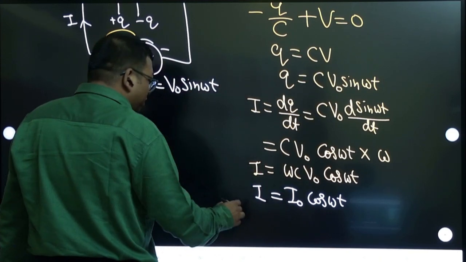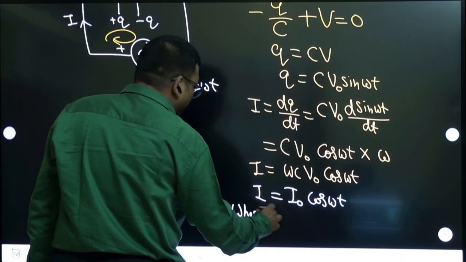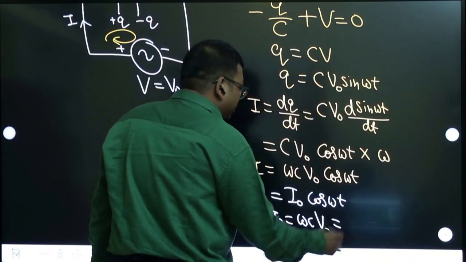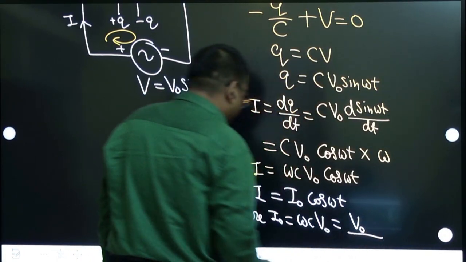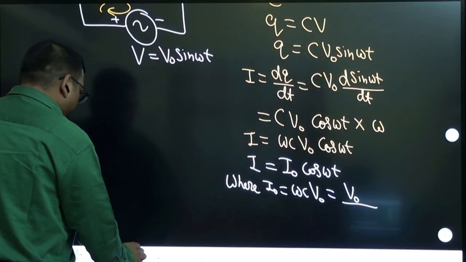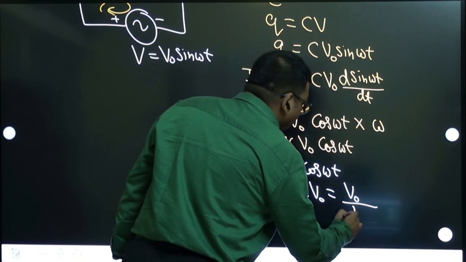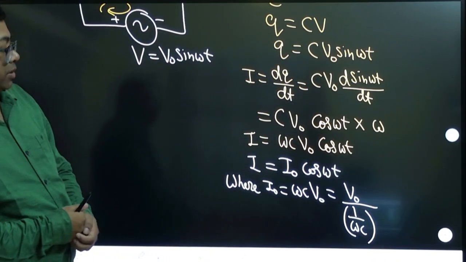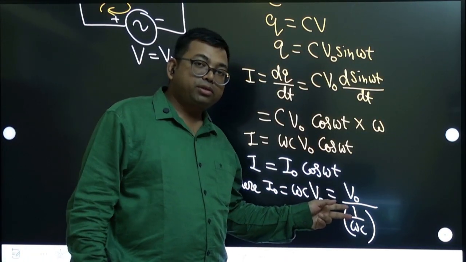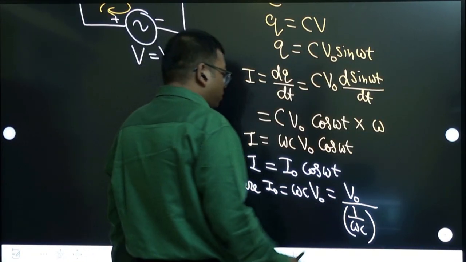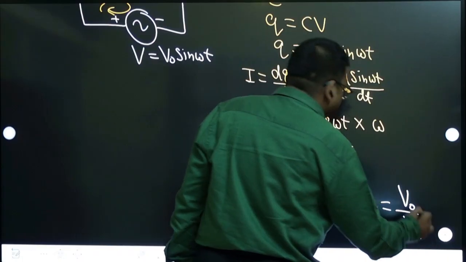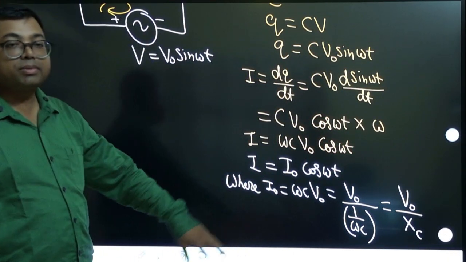Now what is I naught here? I naught is equal to omega C V naught, and this can be written as V naught divided by 1 by omega C, correct? Because this omega C comes in the numerator. This term 1 by omega C is called XC, just like resistance, voltage by resistance.